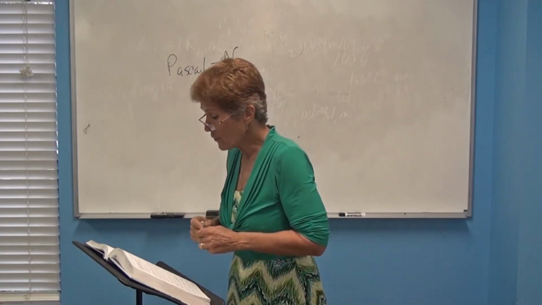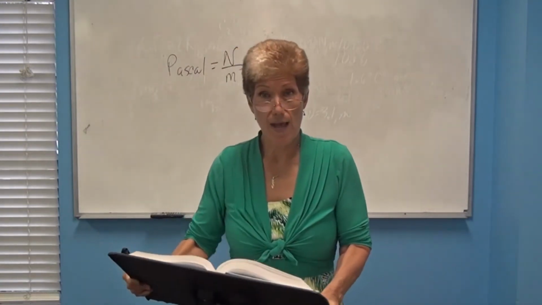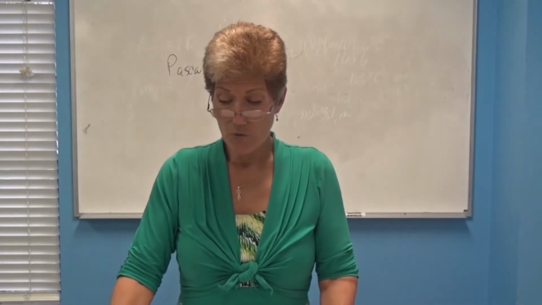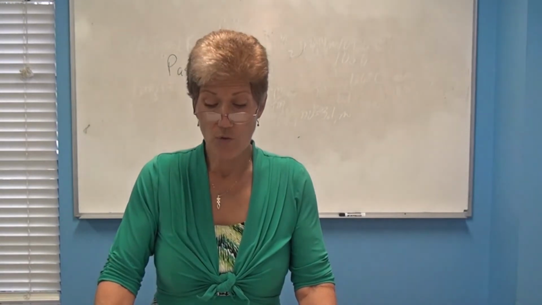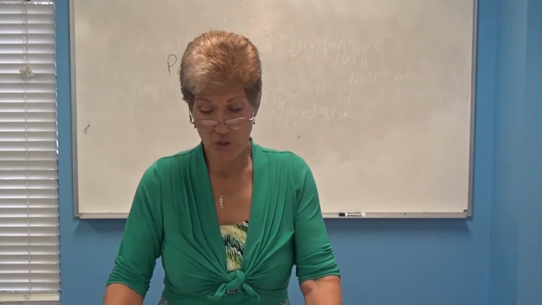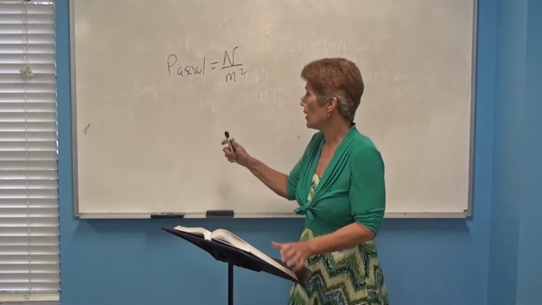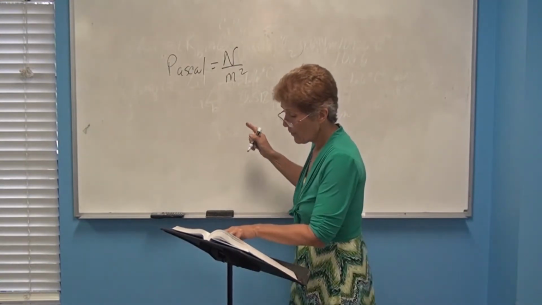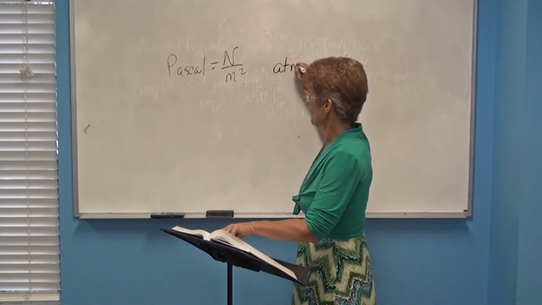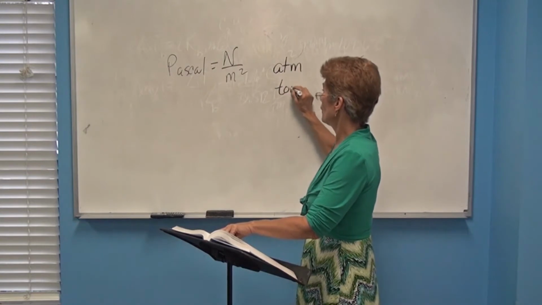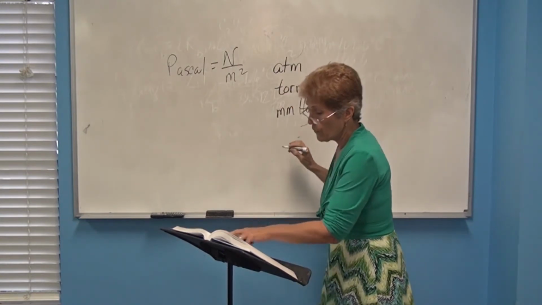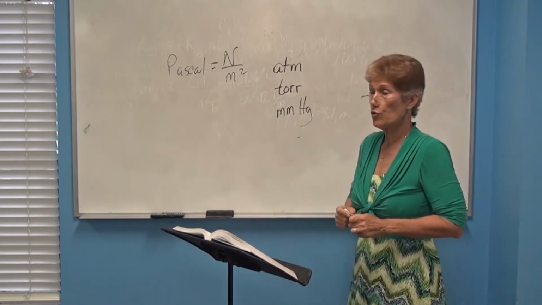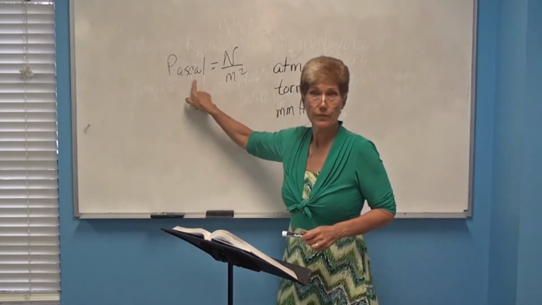For your test, remember that a Pascal, an atmosphere, torr, millimeter of mercury are all standard units of pressure. Did you get that? Standard units of pressure would be a Pascal, atmosphere, torr, millimeters of mercury. Those are all standard pressure units that are used.